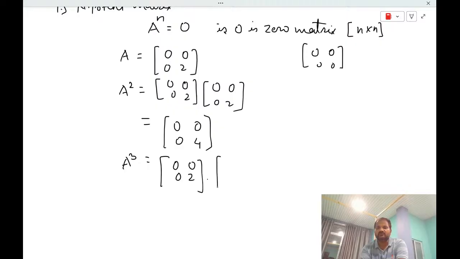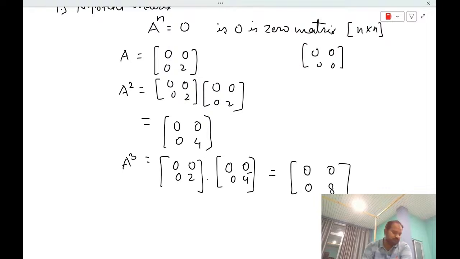A square we got as 0 0 0 4. So from here it will be 0 0 0 8.